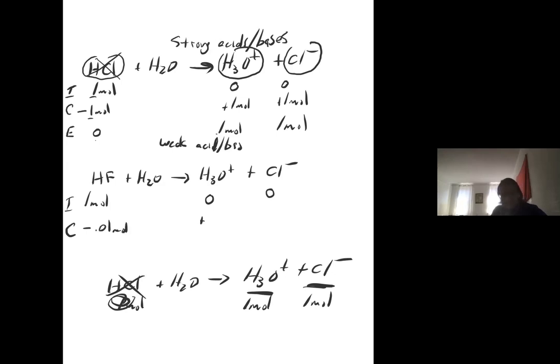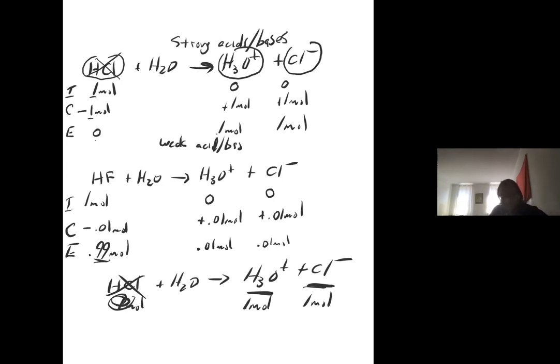And this goes up by 1%, so it goes up by 0.01 moles. And so at the end, you still have 0.99 moles, 1 minus 0.01. So you still have the acid left over, but you also have this one. So these went up a little bit, but this only went down a little bit.